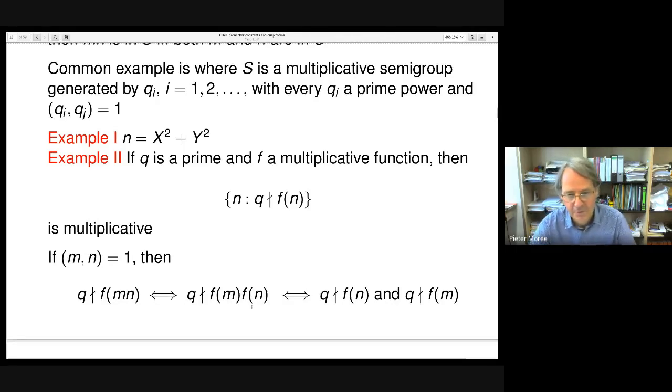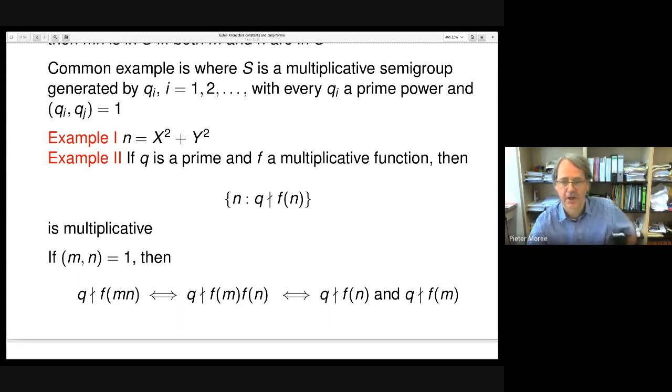Since it's multiplicative and m and n are co-prime, this is the same as f of m times f of n, so we need q not to divide this, which is the same as q not dividing f of m and q not dividing f of n. This means that m is in your set S, n is in your set S, and the product mn is in your set S.